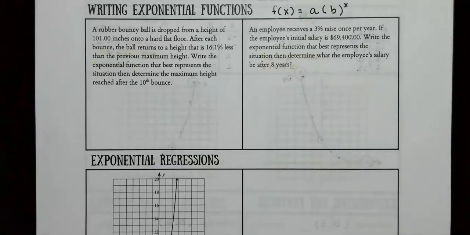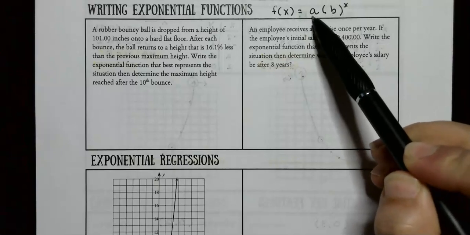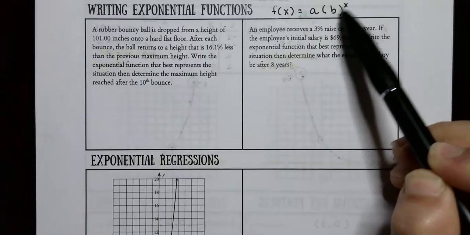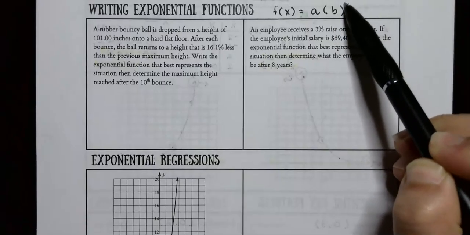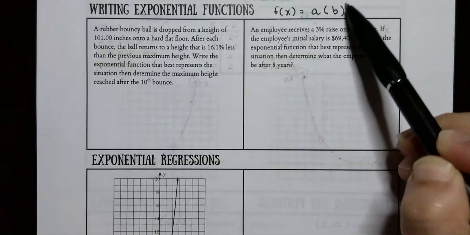So we need to look at some of the numbers that have been given to us. We know that we're specifically looking for the initial value, where it starts, and then we're looking for a rate. The number they're asking for in the question is going to be our x value.